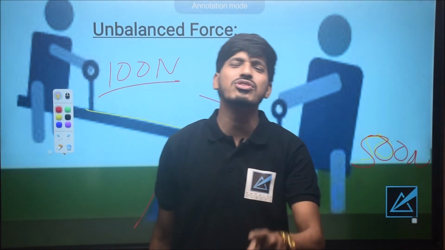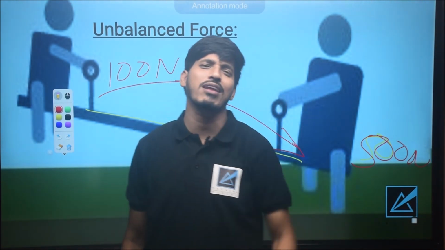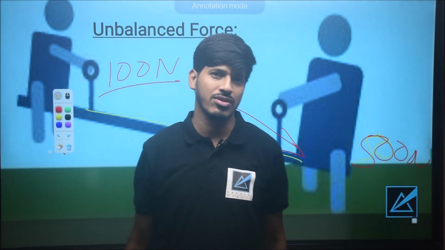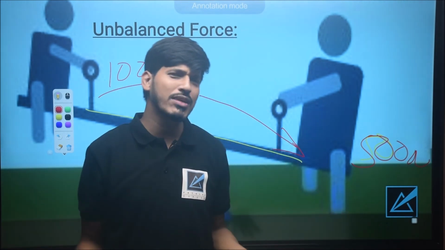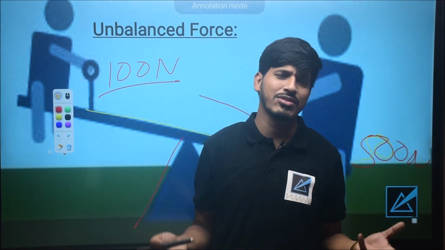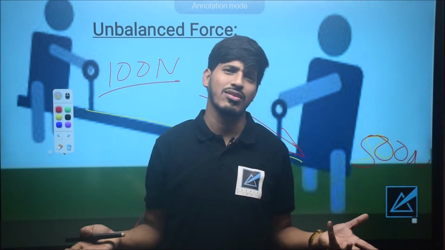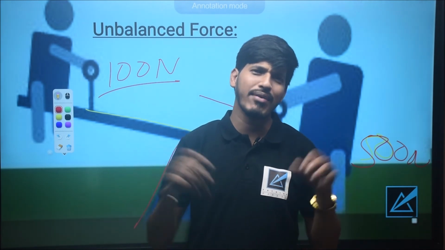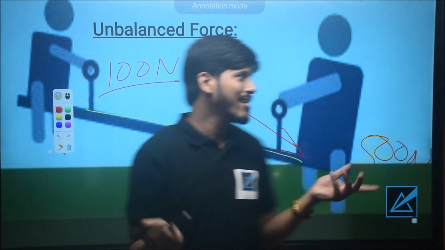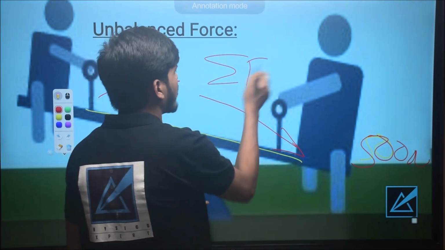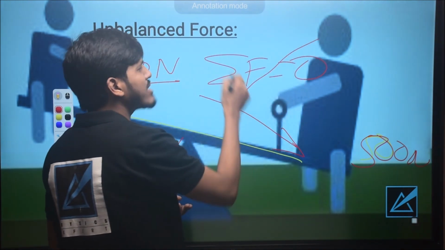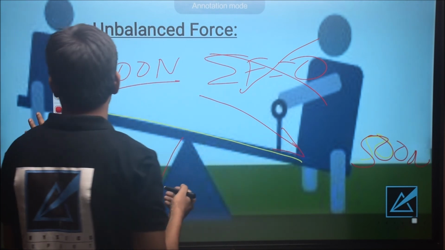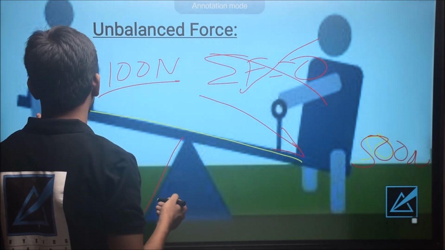If there is a net force, it is known as unbalanced force. Unbalanced force means there is a net force, there is a resultant force. Balanced force means whatever forces are exerted on any object, the net force, the sum of all the forces, is 0, and that is known as balanced force, right?